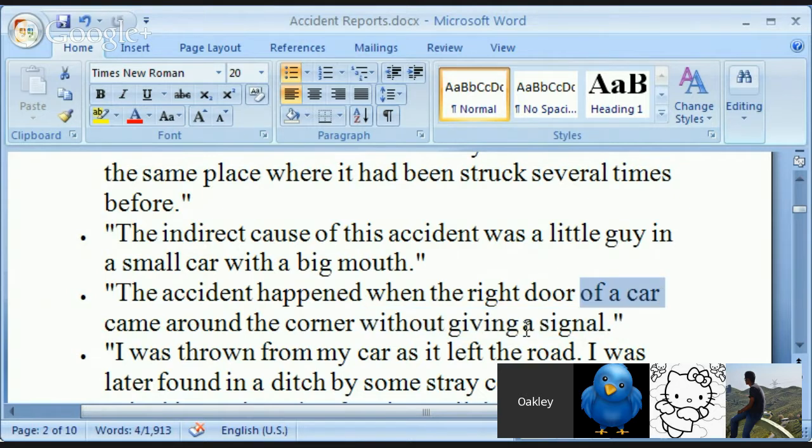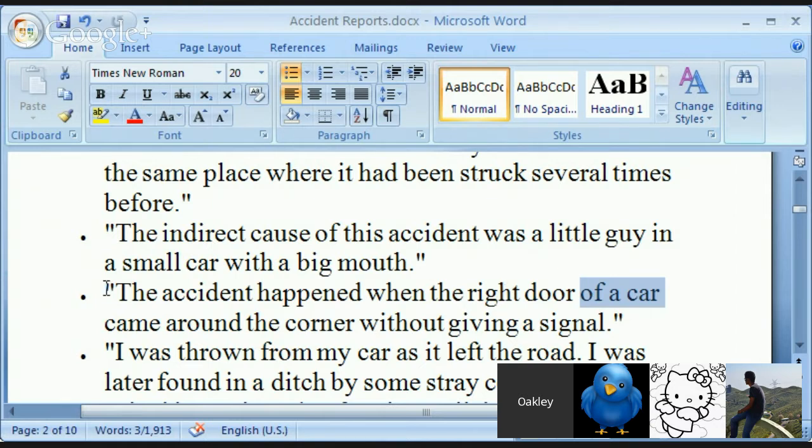The car tried to turn right without signal. No. Yes, that's what it means. Another car turned around the corner, apparently without giving a signal, and probably, I guess, maybe, I don't know, actually, if his door was open or something. I'm not sure.